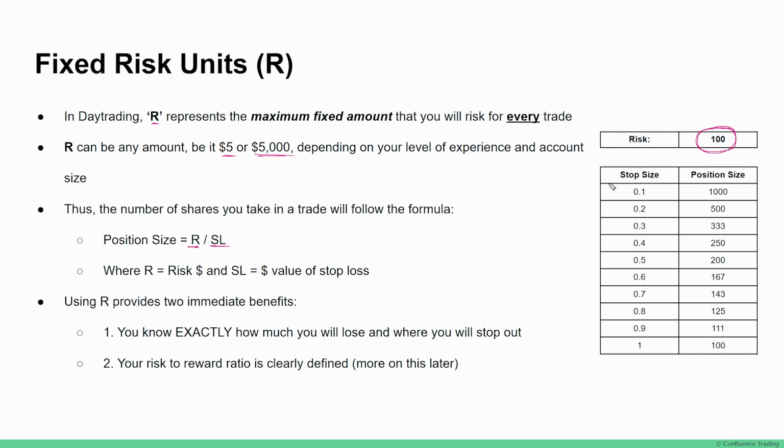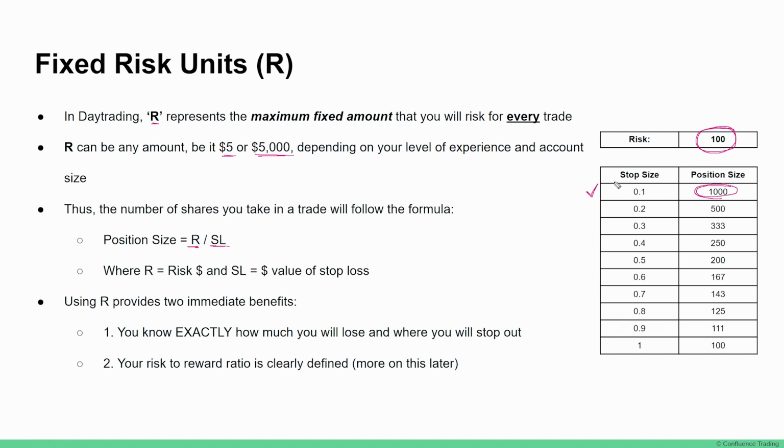And I want to take a 10 cents stop size. If I do that, I will need to take out 1,000 shares of whatever stock I'm taking, right? Doesn't matter if it's Apple or Netflix. If I take a 10-cent stop and I'm trying to risk $100, I will take 1,000 shares.